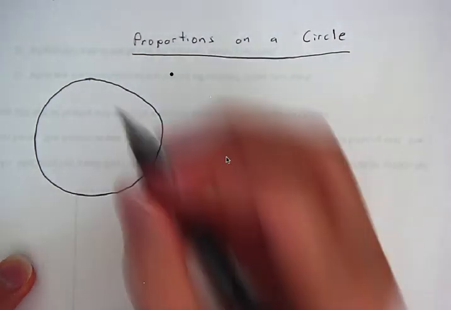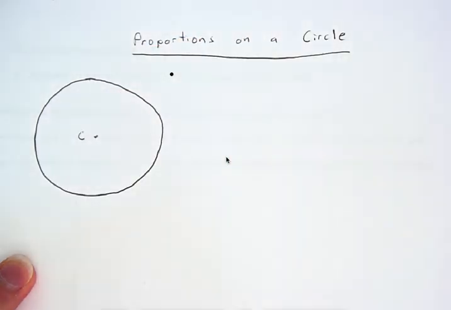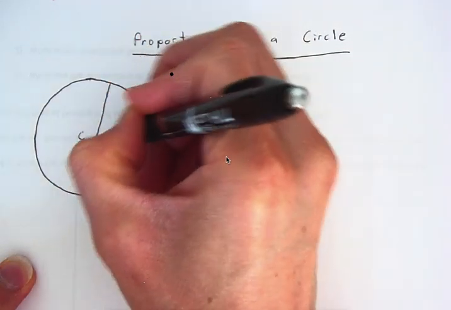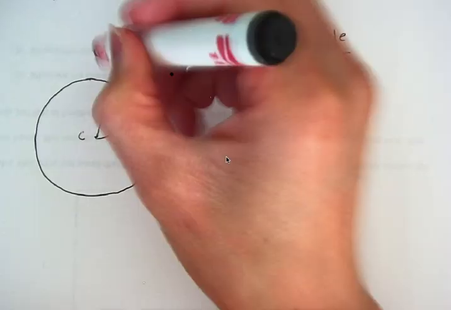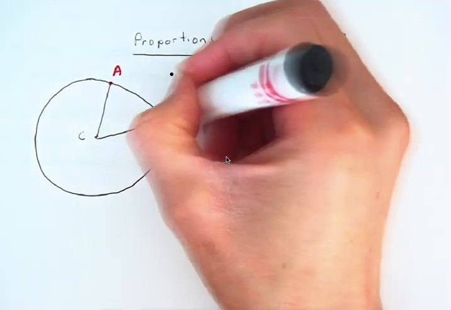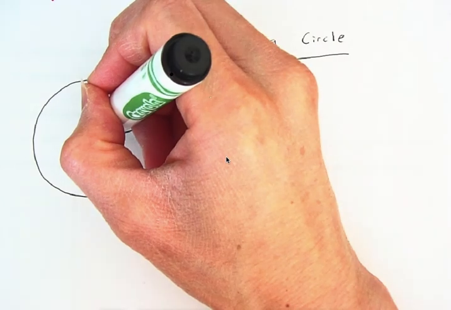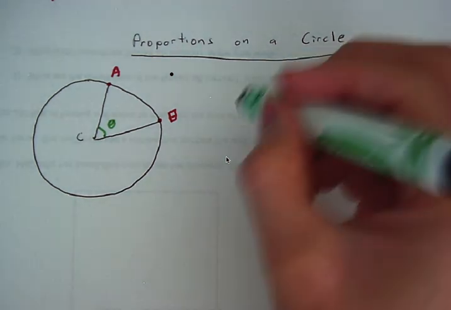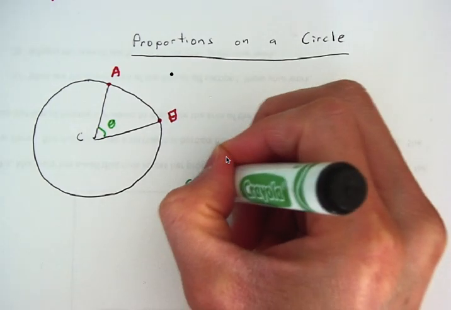Before we talk about proportions on the circle, we need to know one more vocabulary word. If C here is the center, and we were to make two radiuses like that, and once again, we'll say this is going from A to B. This angle right here, that angle right there, that is your central angle.